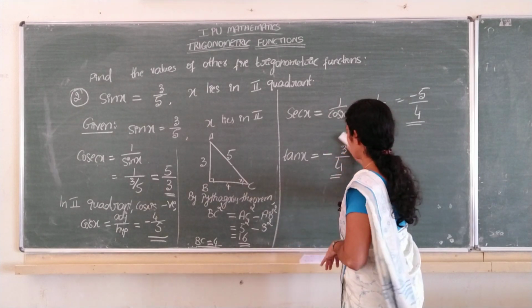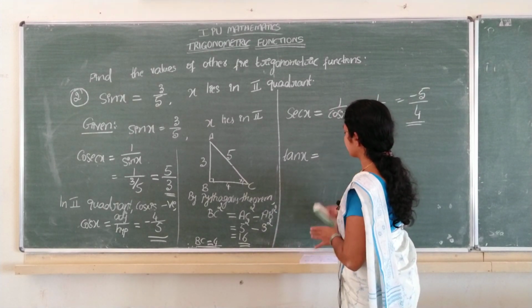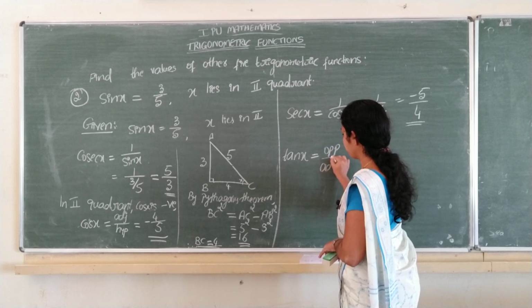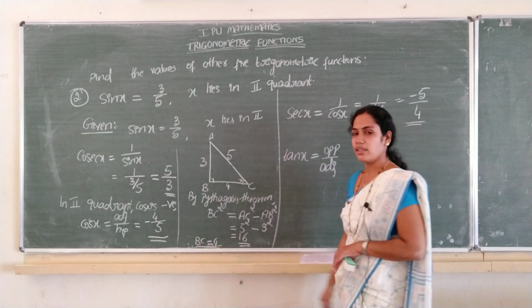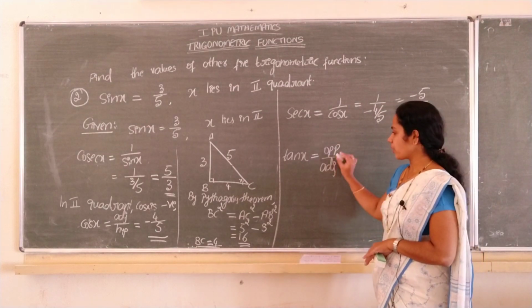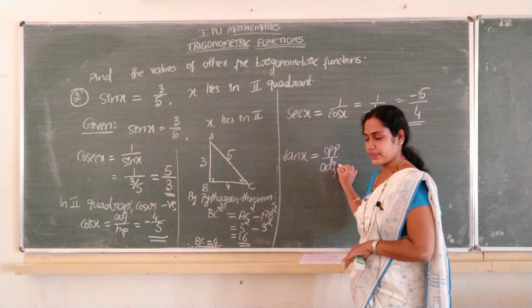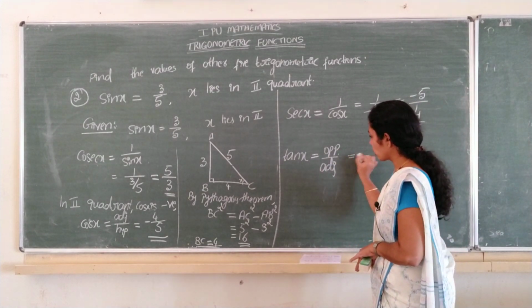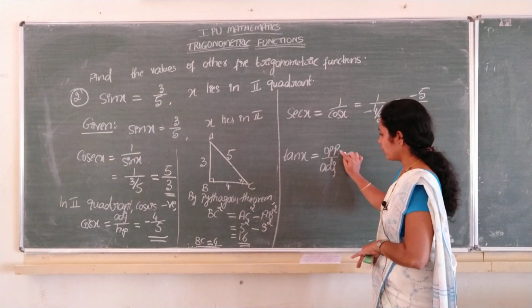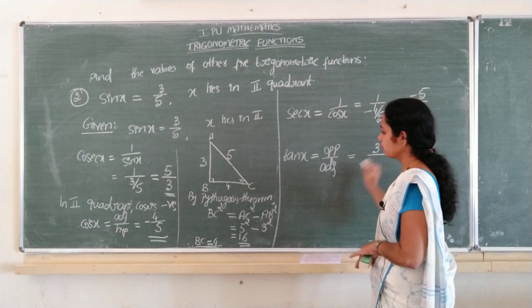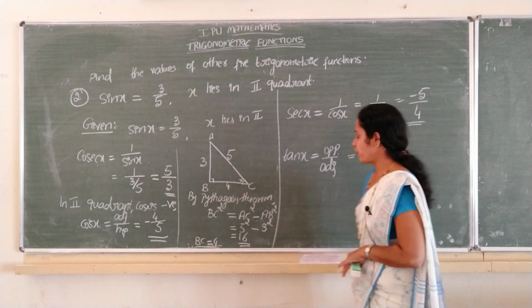I will write the formula here. Tan x is opposite by adjacent, or we can use sin x by cos x also. What is opposite? 3. What is adjacent? 4.